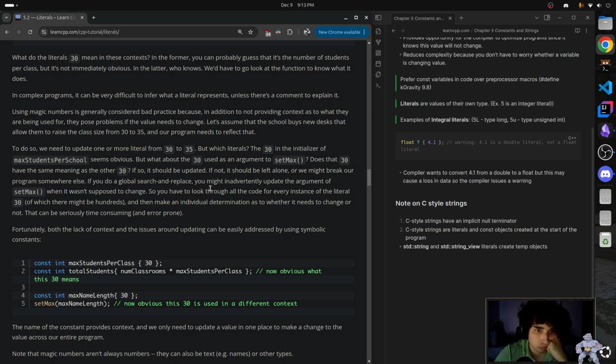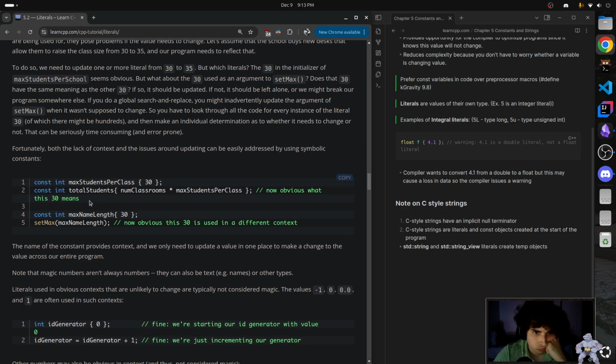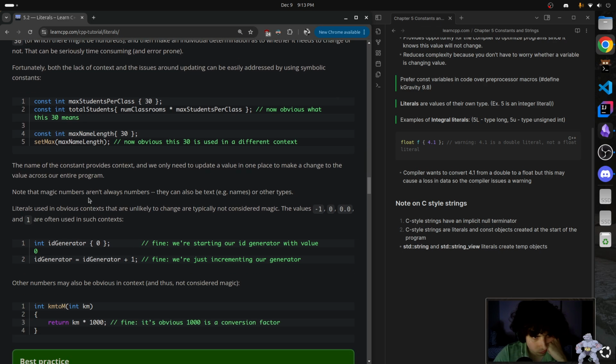Hmm. That makes sense. The name of the constant provides context, and we only need to update a value in one place to make a change.